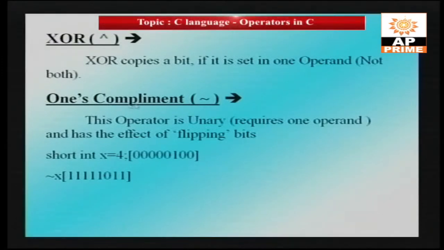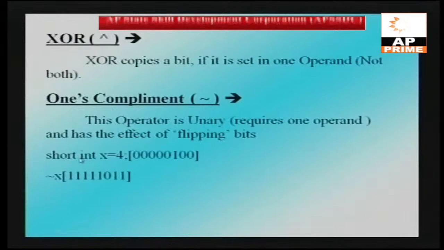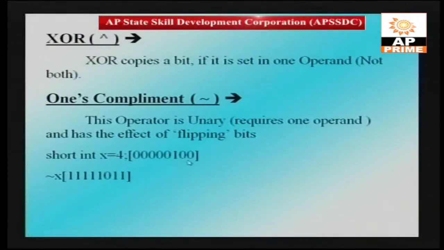What is meant by ones complement, the tilde symbol? Listen, if I take x equal to 4, actually 4 is an integer number. But if I mention short integer, 1 byte, 1 byte means 8 bits. Here 8 bits are allocated.